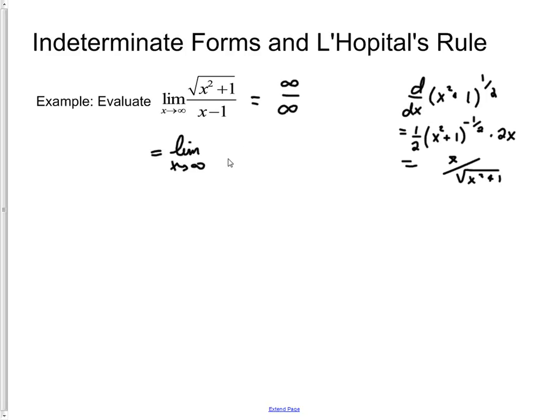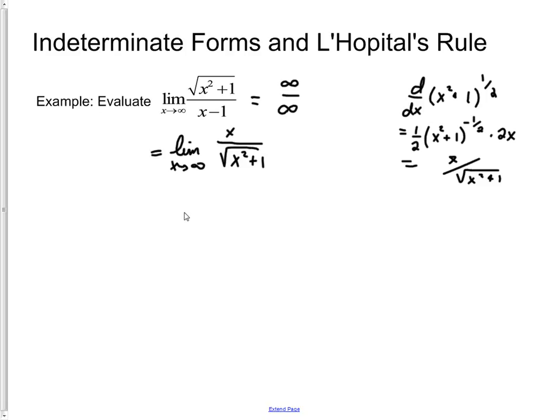In the denominator, pardon me, the derivative of the denominator is 1. So we're getting x divided by the square root of x squared plus 1. Huh. Well, we get infinity over infinity this time.